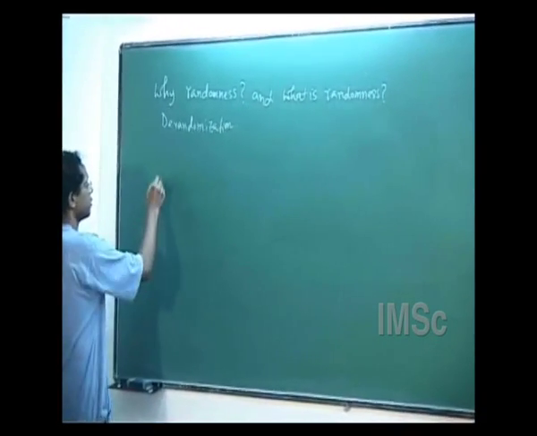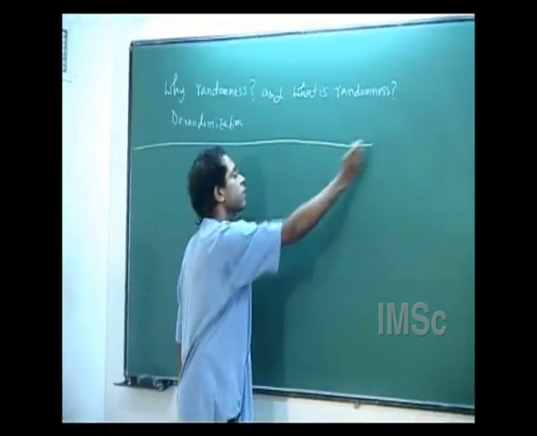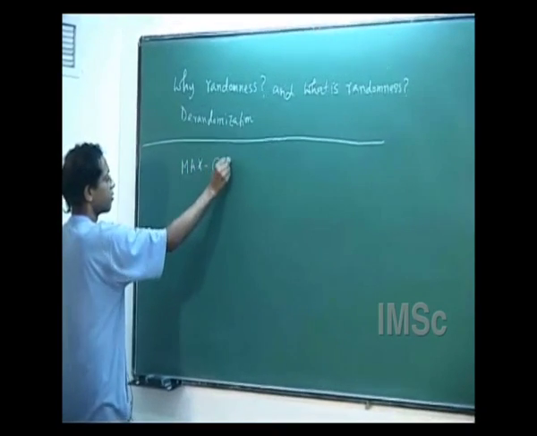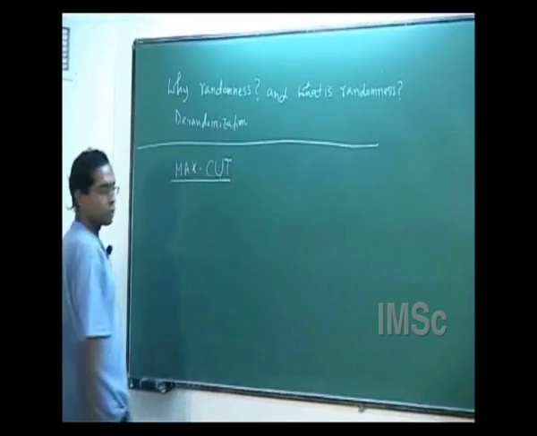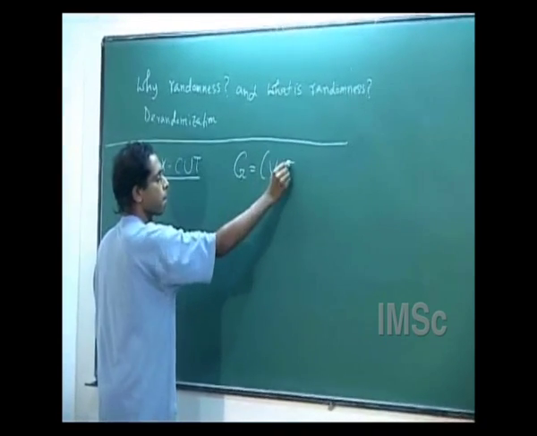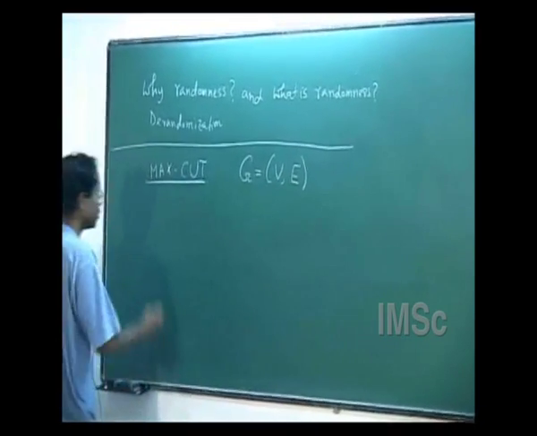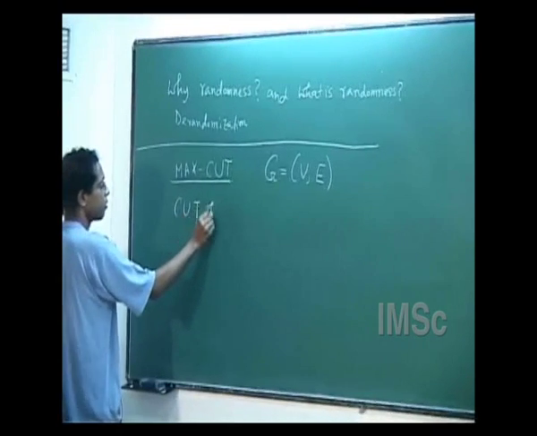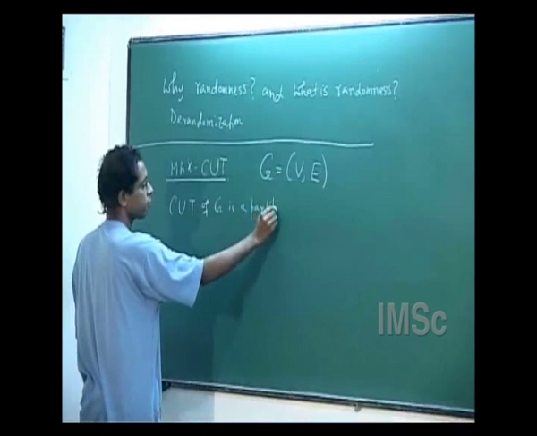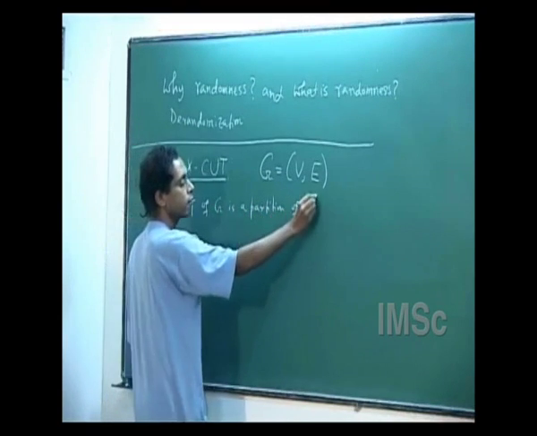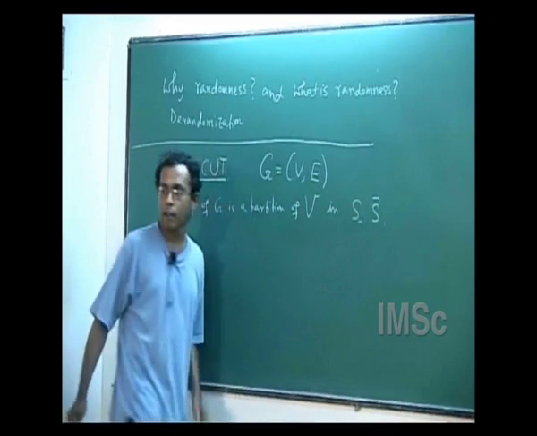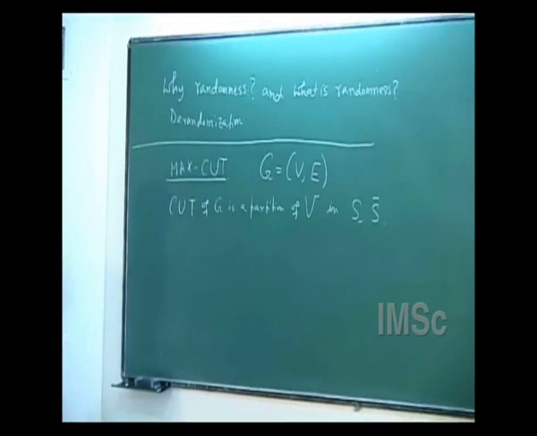So let's begin the actual problem that we want to discuss. It's a famous problem called max cut. What is the problem? You are given a graph G. A cut of G is a partition of V into two sets, S and S complement.